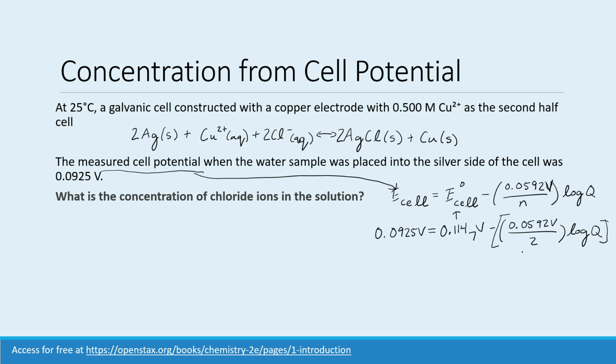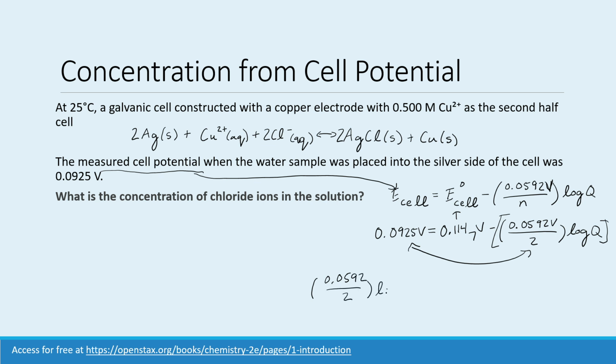So our first step, of course, is to rearrange this. I would switch this entire section here and swap that out for the 0.0925 so that I can subtract the two values.